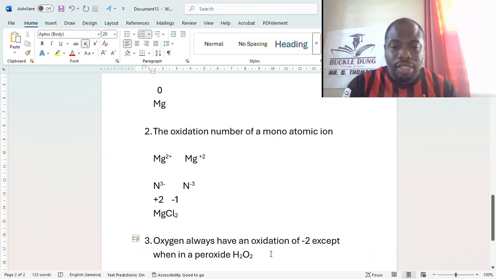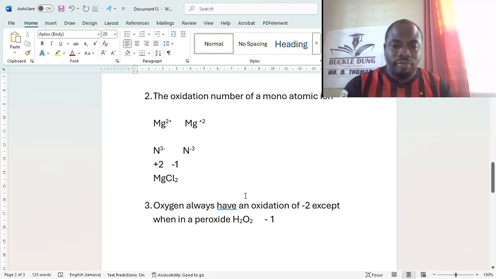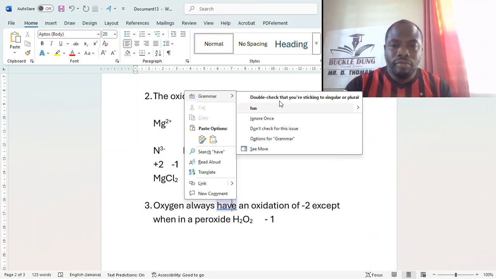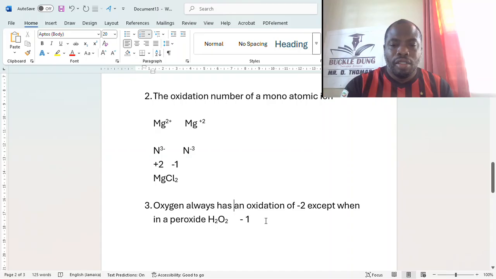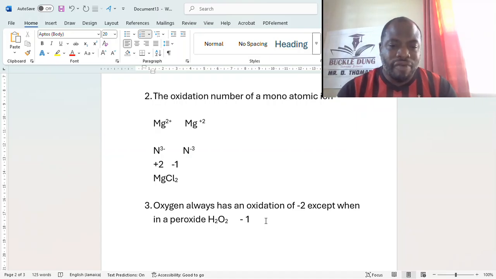In this case, we'll assume an oxidation number of -1. So if CXC, the only peroxide that you'll get is hydrogen peroxide. But otherwise from that, the oxidation number of oxygen is always -2.